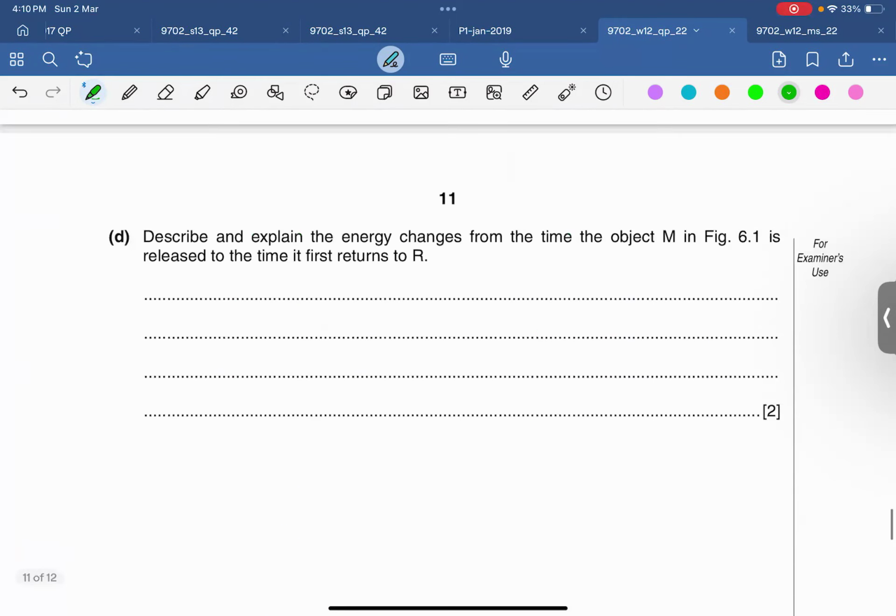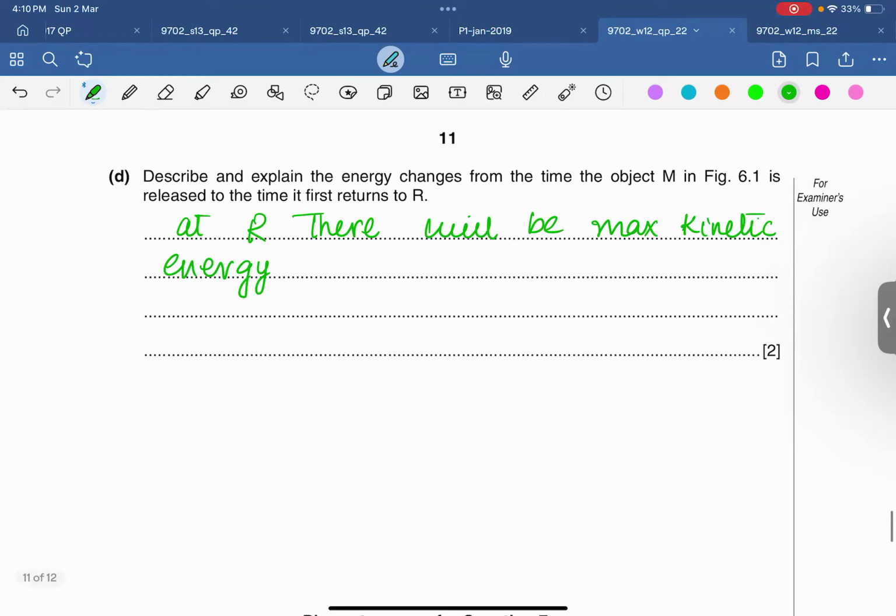So we can say that at R there will be maximum kinetic energy.